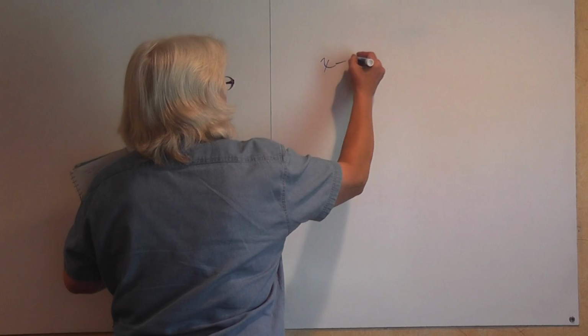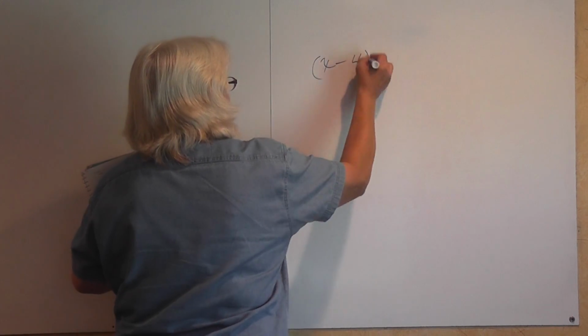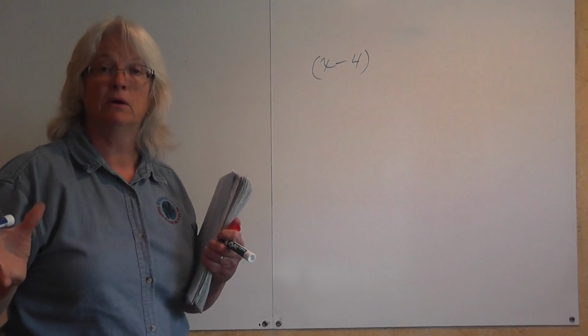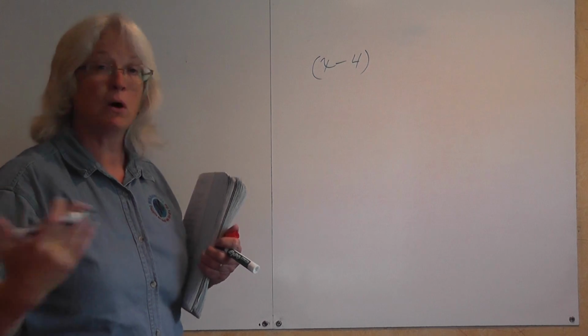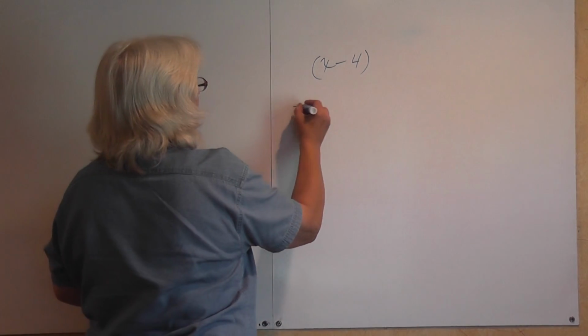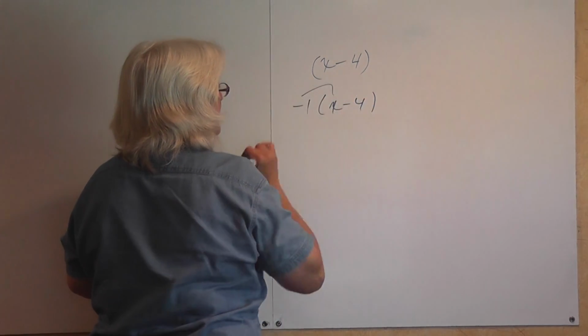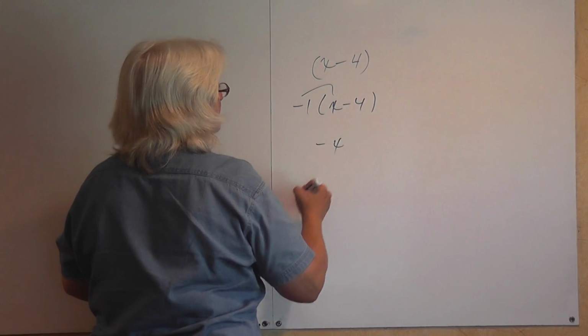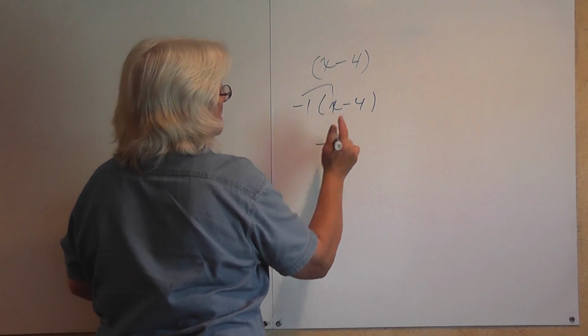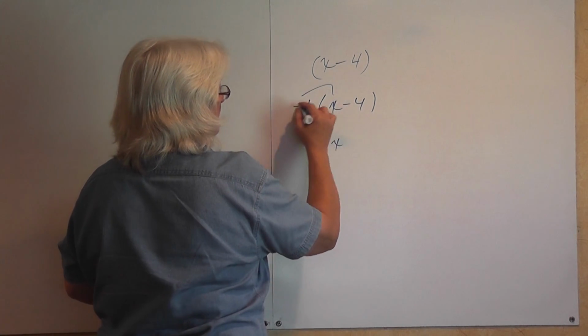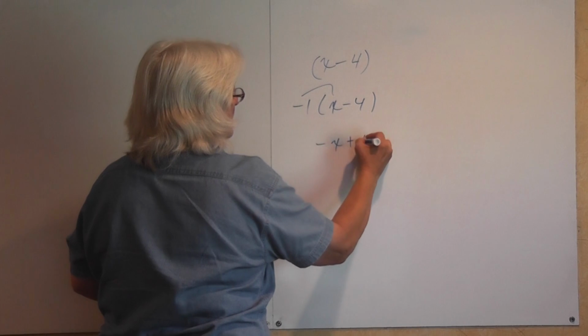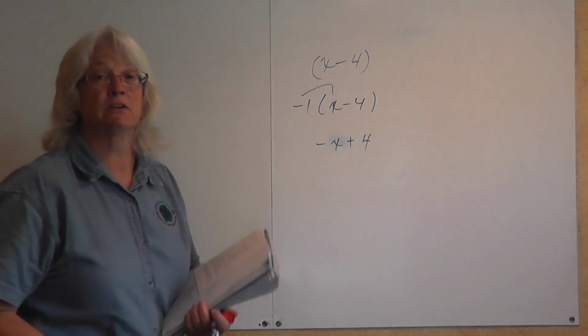In our book, they're asking us, what happens to the binomial x minus 4 if we multiply it by -1? Well, let's see. Negative 1 times x is a negative x. Negative 1 times a negative 4 is a positive 4.